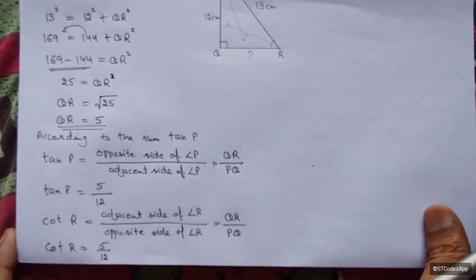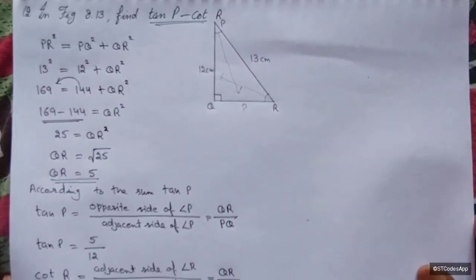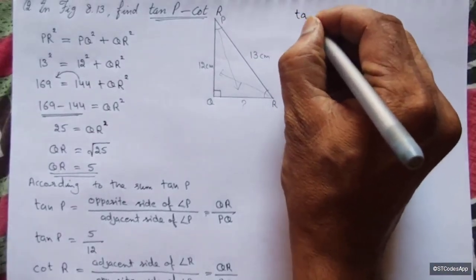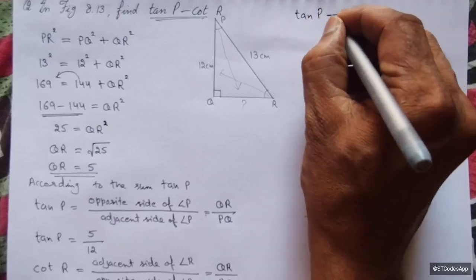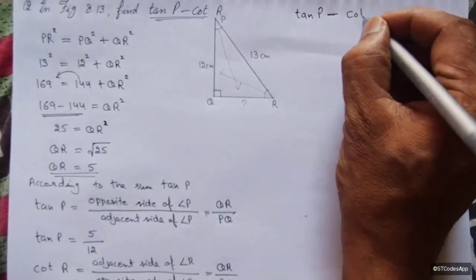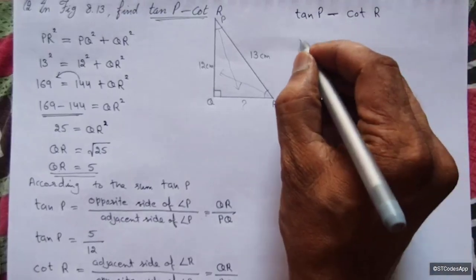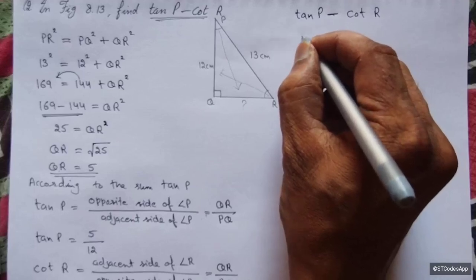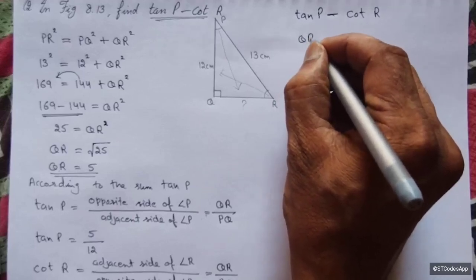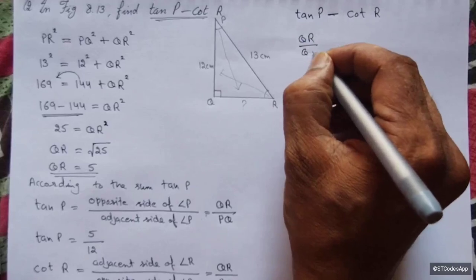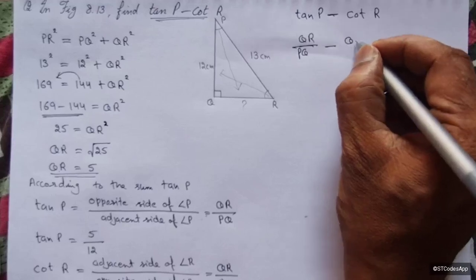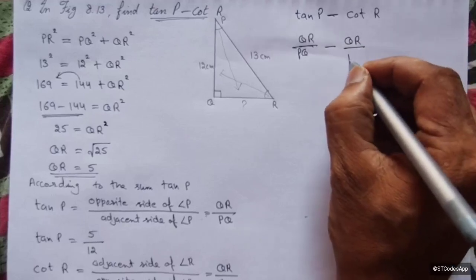Now what we have to find out is tan P minus cot R. The value of tan P we got as QR divided by PQ, minus QR divided by PQ.